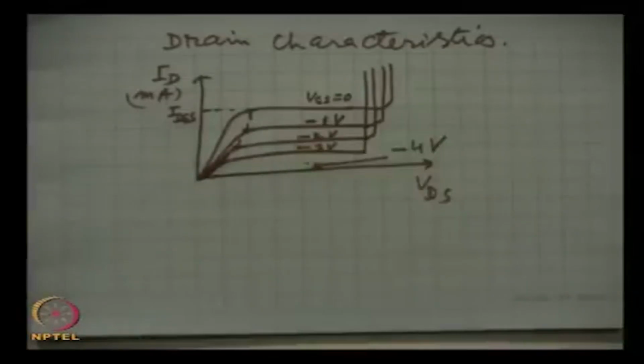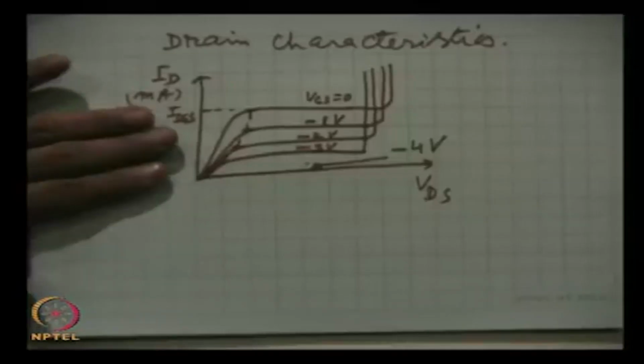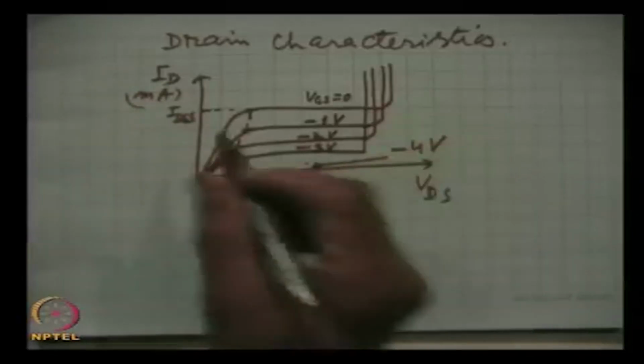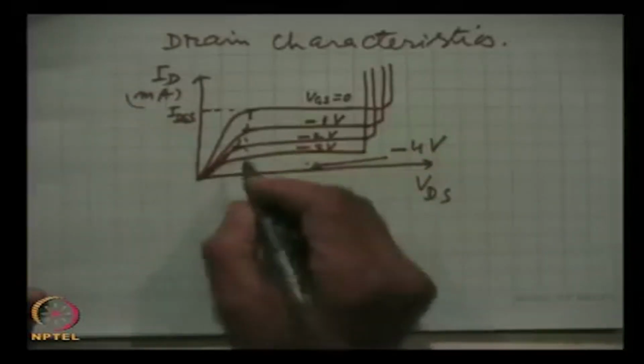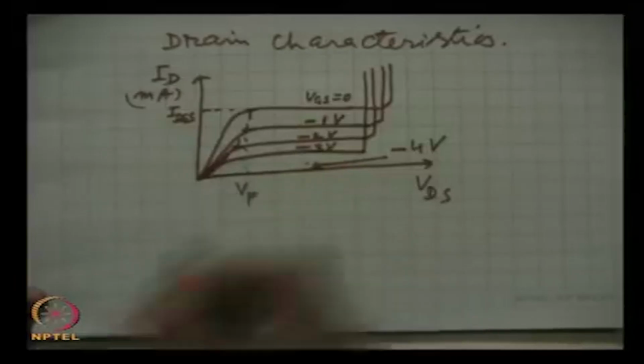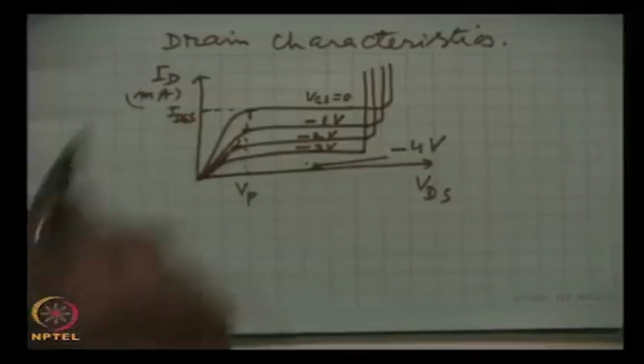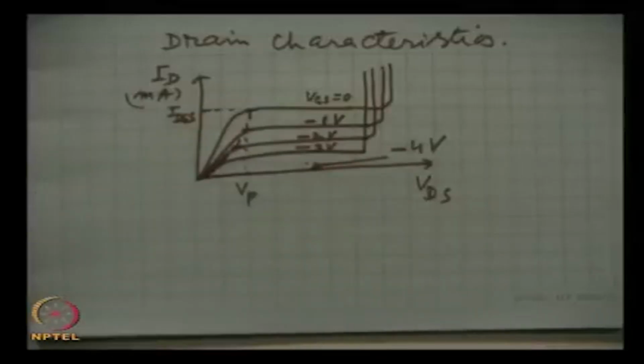I have taken numerical values; this may be true for a particular JFET. For all JFETs we will get a similar plot, only the currents and voltages may be different, and this is the pinch off voltage. These are the complete drain characteristics.